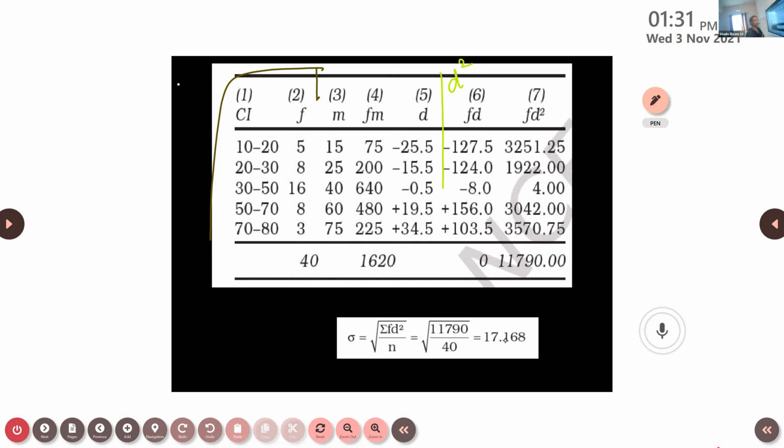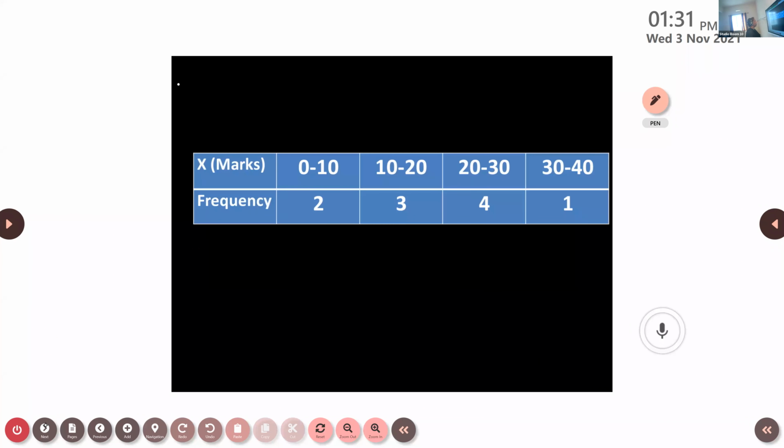Now, any doubt in this? I will give another question now based on this. Anything which you didn't understand in this? Tell me. Shall I give a question? Okay then. Next question. I have used here very small numbers.